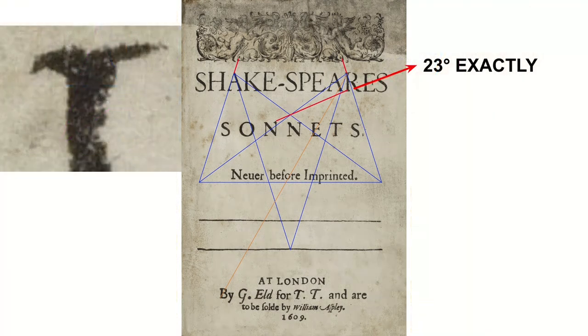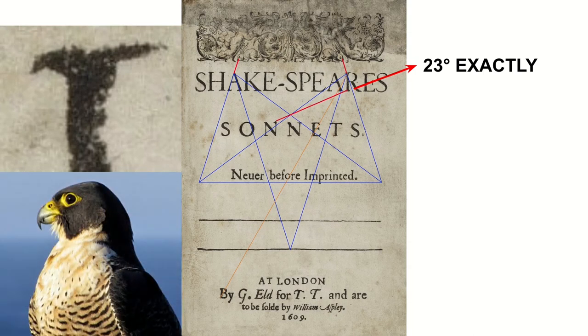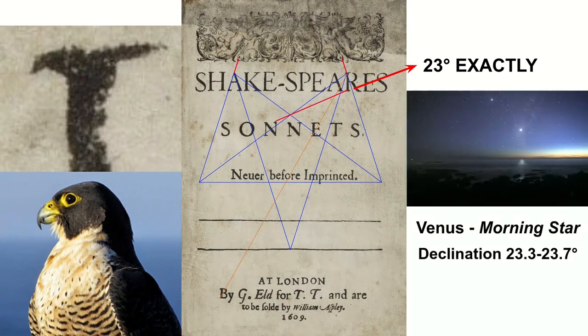So 23 exactly. What has got a declination of 23 and something? Well, this R appears to have a bit of a beak on it, which looks a bit like that, but maybe it's one of them, a peregrine falcon. Now that's a picture of the evening star. I believe it's actually the morning star.